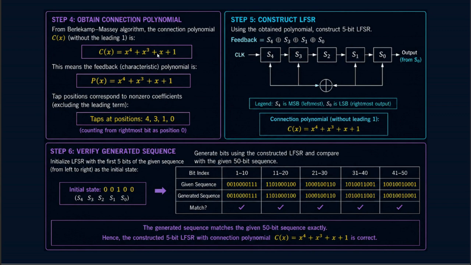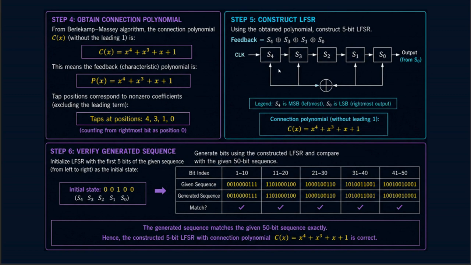The connection polynomial is x^4 + x^3 + x + 1. This means the feedback taps exist at positions 4, 3, 1 and 0. Very important: each position corresponds to a non-zero coefficient. So if a term exists in the polynomial, that register participates in the feedback. So the taps are at s4, s3, s1 and s0.